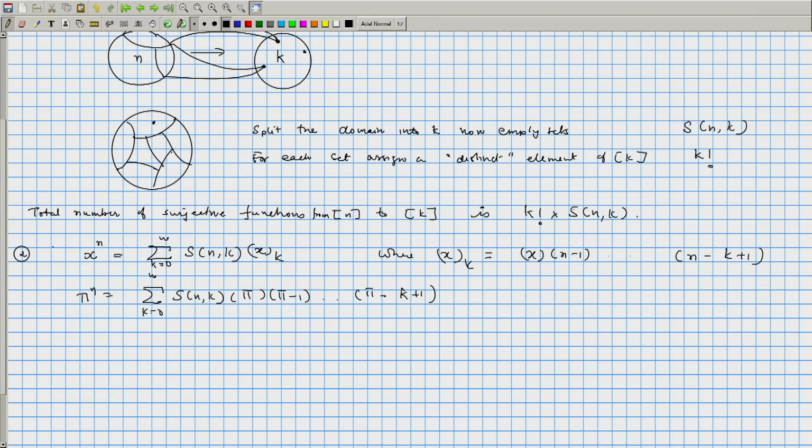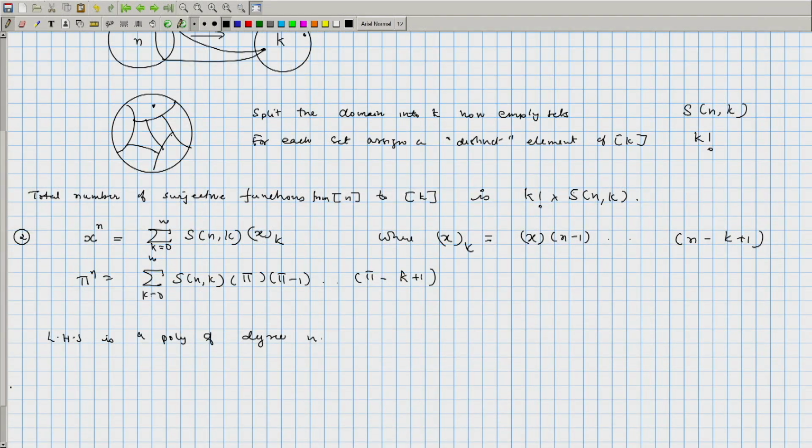Here the LHS is a polynomial of degree n, and if you can show that the RHS, which is also a polynomial of degree n, agrees with it at n distinct positions, then they must be the same for all positions.